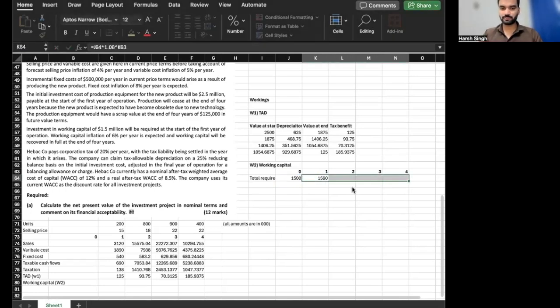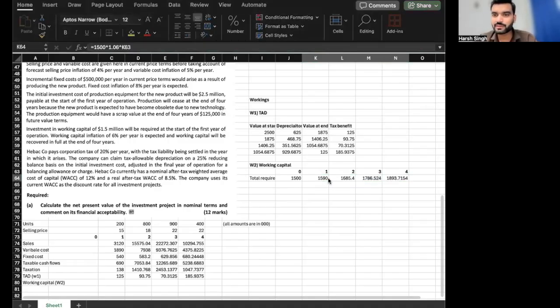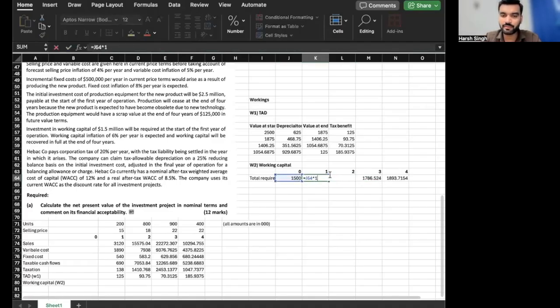We'll do 1500 over here only. No, it is 1685 because I am putting power 2. That is why I am not taking the further values. Or the second method would be this value multiplied by 1.06.